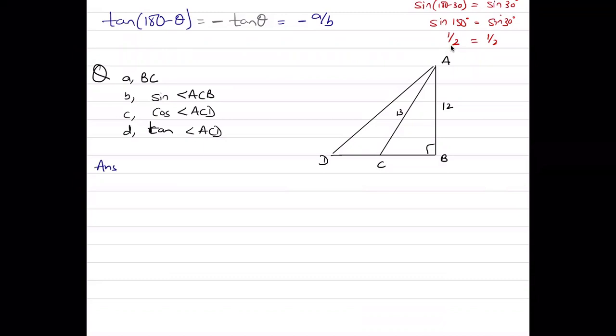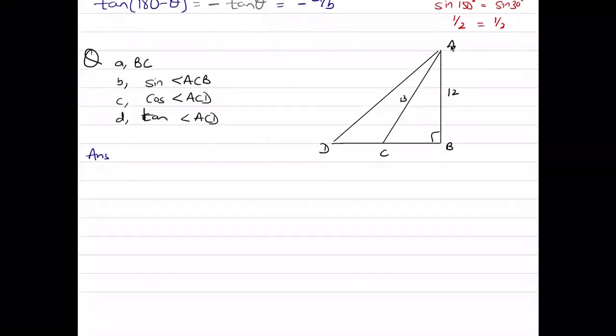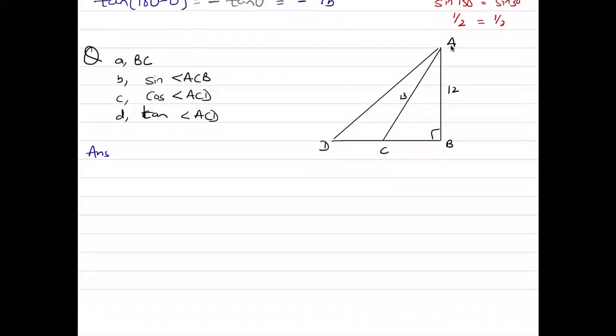So let's start with the working for the first part. How will you find the length of BC? Would you use this right angle triangle?